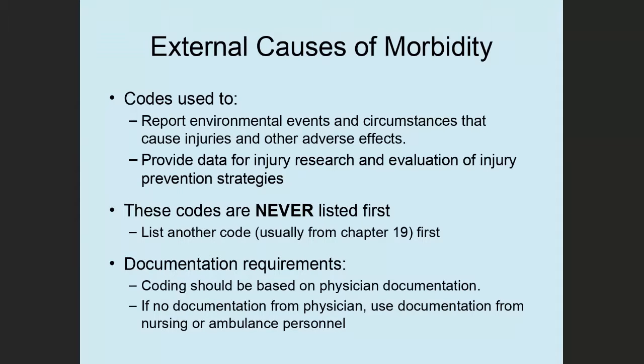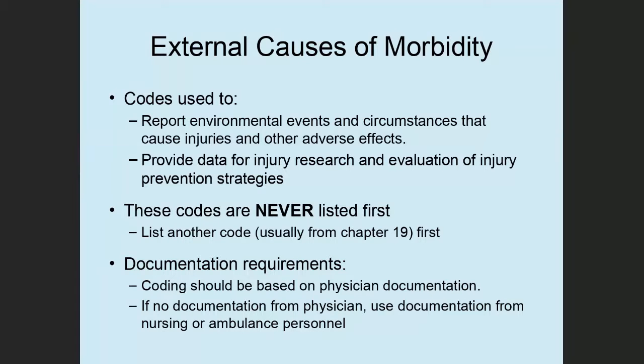What are external cause codes? These are used to report environmental events and circumstances that cause injury and other adverse effects. So things outside the body that affect the body, that injure the body. They also provide data for injury research and evaluation of injury prevention strategies. Very important, these codes are never listed first.